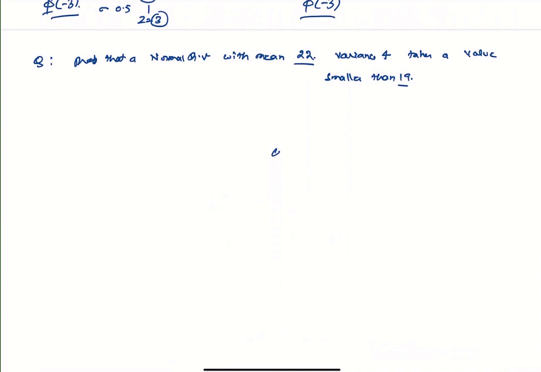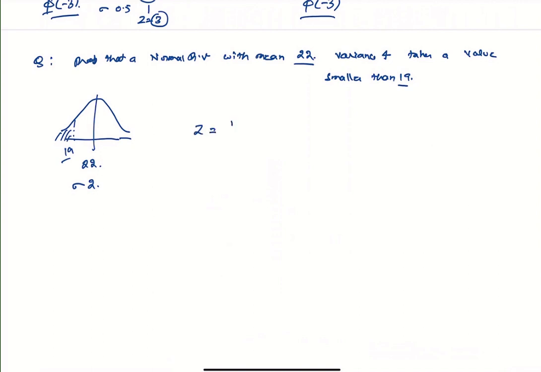So first thing, we have this distribution. Here the mean is 22 and the standard deviation is 2, and we want to know the probability that it takes a value less than 19. We want to calculate the probability of this area here. So first, again, we have to convert this 19 into the z value.